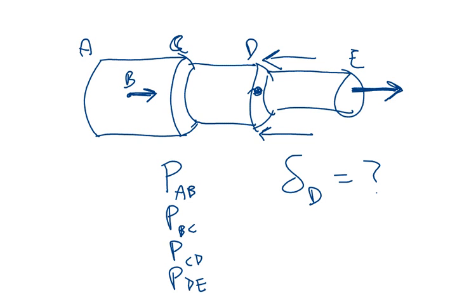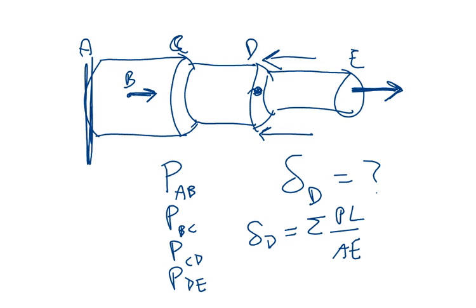So how would you solve for this? Well, it's very simple, okay? You still have delta D is the sum of your PL over AEs, except how many terms would you have in that summation? If you say 3, you would be correct, okay? You basically just add up, just like we did if we were finding the deflection at E, the total deflection. You still add up all these terms from segment to segment, except you would only use the first 3 segments.